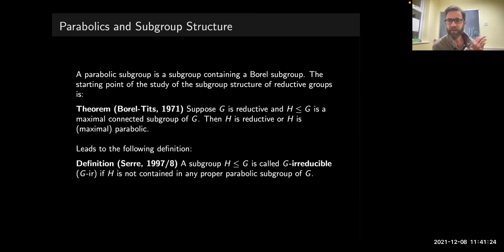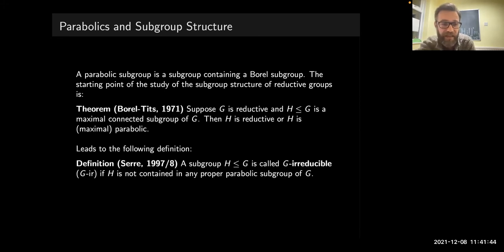So I want to bring this slightly more up to date by telling you of a thing that was first written down, I think, by Serre in the 90s sometime. Not entirely sure of the order of events here.